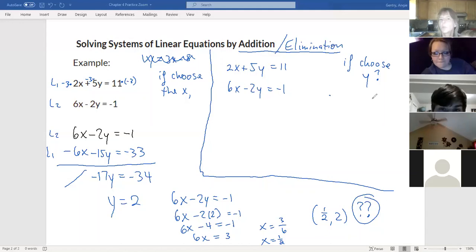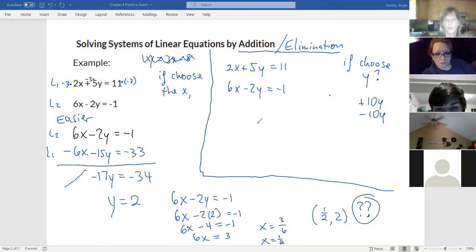Do you see how a positive 10y and a negative 10y will eliminate? And that's why if you do it this way, you have to multiply both lines. That's why this way is probably easier, since you're only multiplying one line.